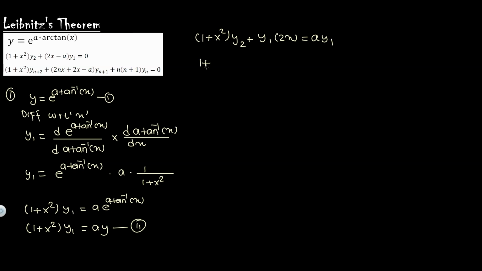So we have 1 plus x square y2, plus 2x y1 minus a y1 equals 0. Now take y1 as common, we will get 2x minus a y1 equals 0, which completes our proof for this first expression.